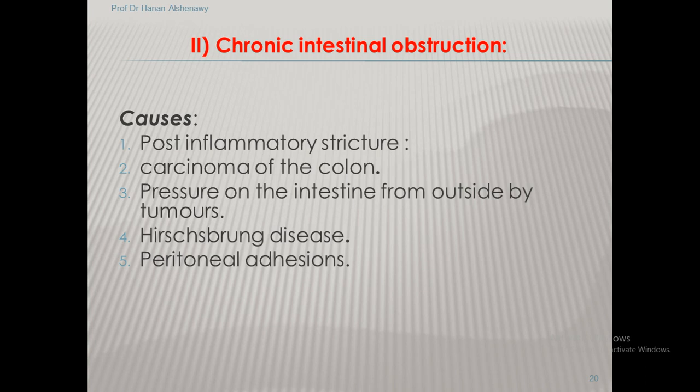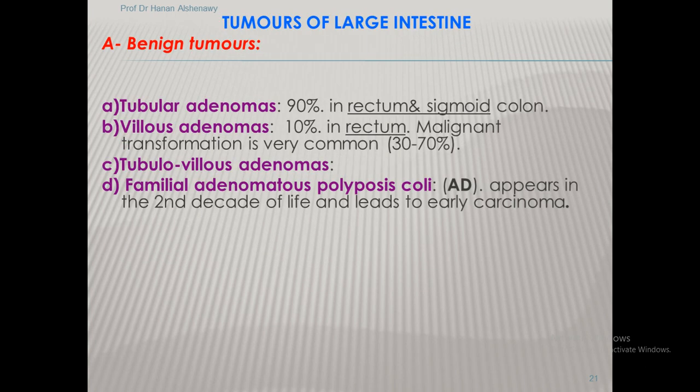Hirschsprung disease is a disease caused by neuronal paralysis of the intestine, and there is no peristalsis in this part because there are no ganglion cells, so there is dilatation of the colon, causing paralytic obstruction, and adhesions for sure. Now let's go to tumors of the large intestine.